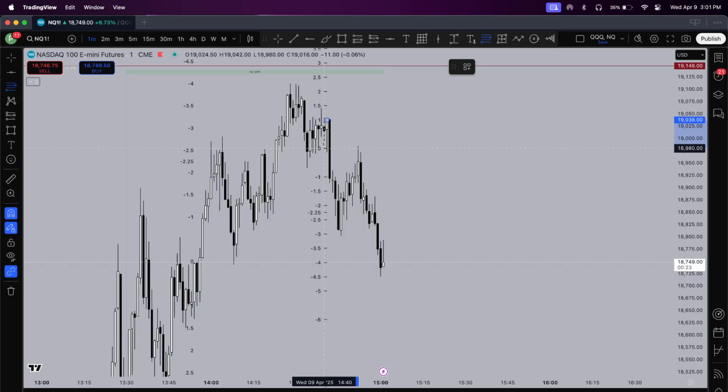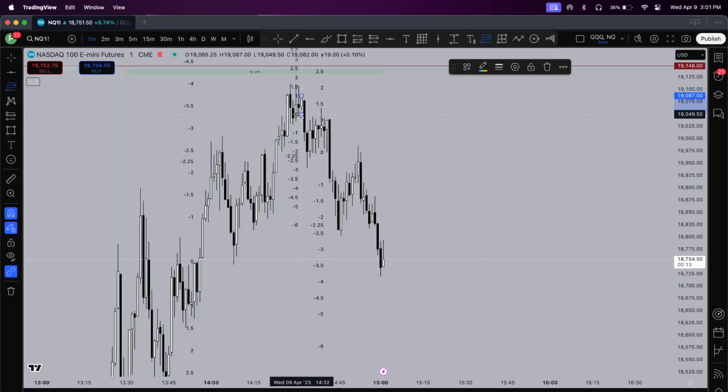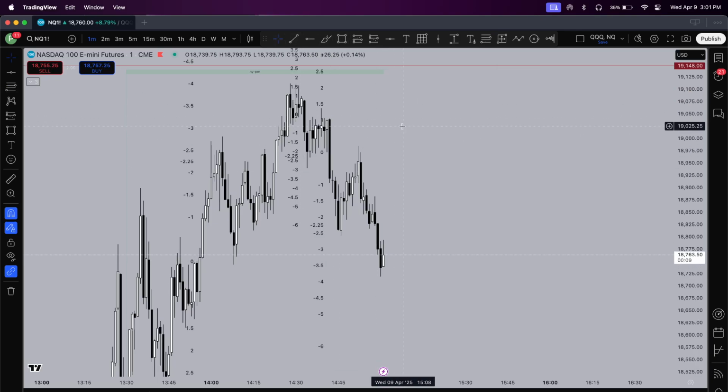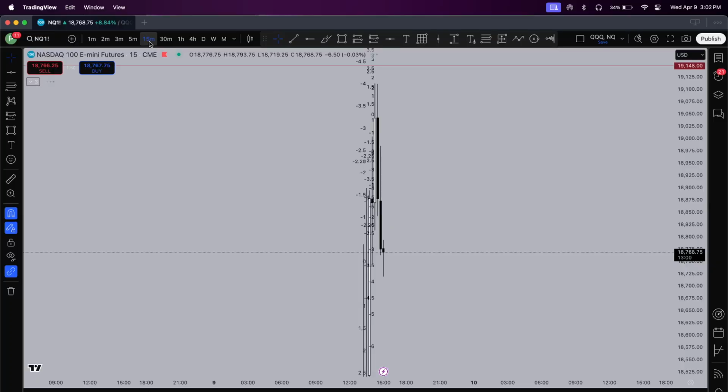So what I did was I fibbed this, correct? And then right before this one, we had this massive candle down, and I fibbed the same candle again. A single bullish candle right before the massive drop. So now, what you do is you look at the 5-minute, 15-minute, look for a confluence.